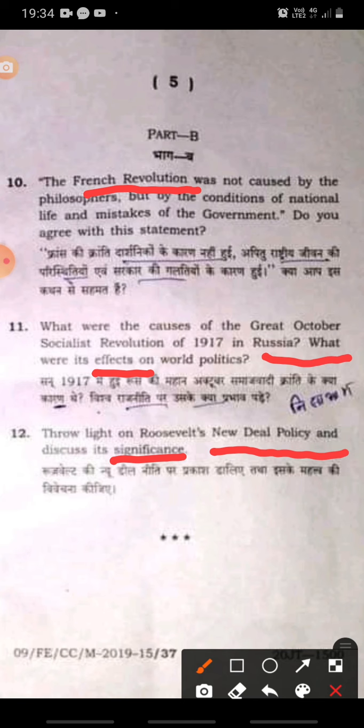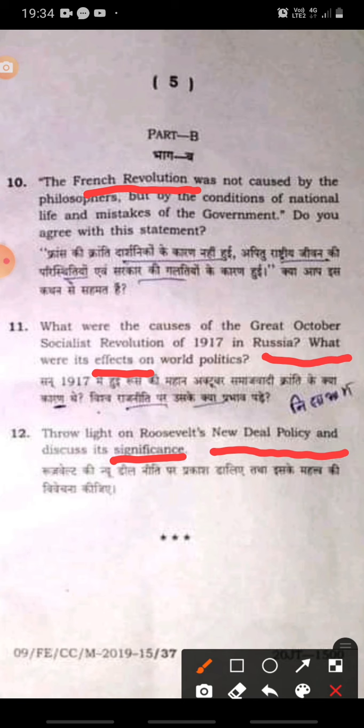So this question paper, you have seen, we have gone through the total question paper, and you can achieve good marks in this type of question paper if you have studied very properly, and if you have done answer writing practice during your preparation period, and if you have studied authentic books, you can write a good answer.